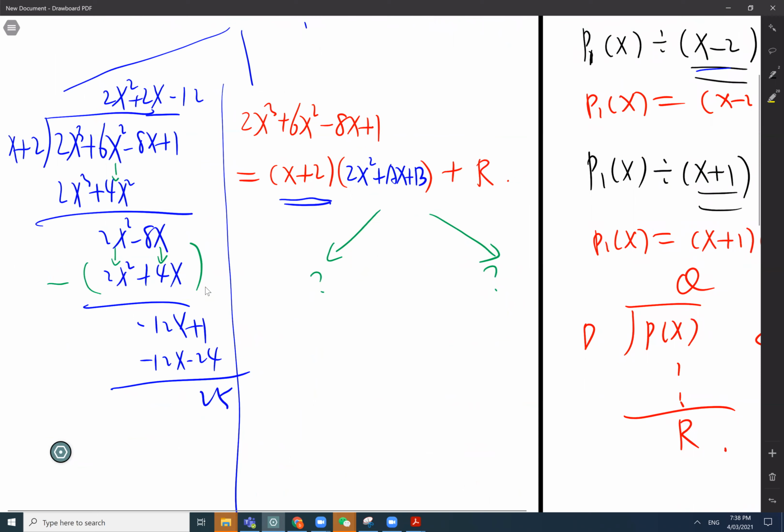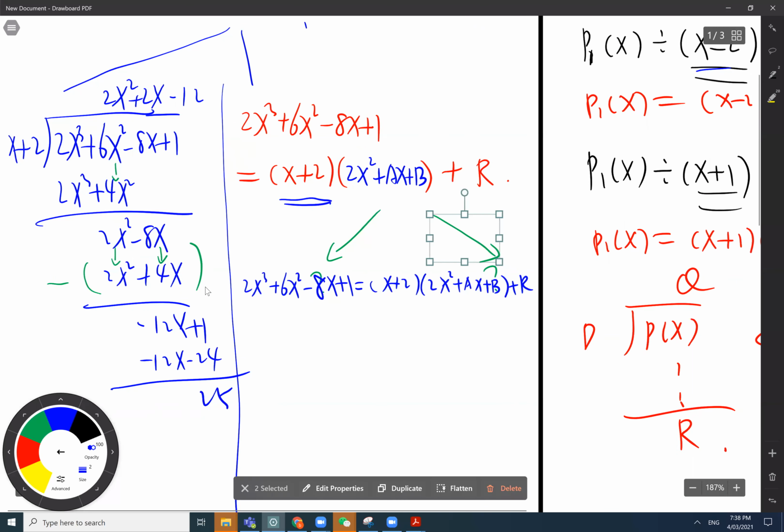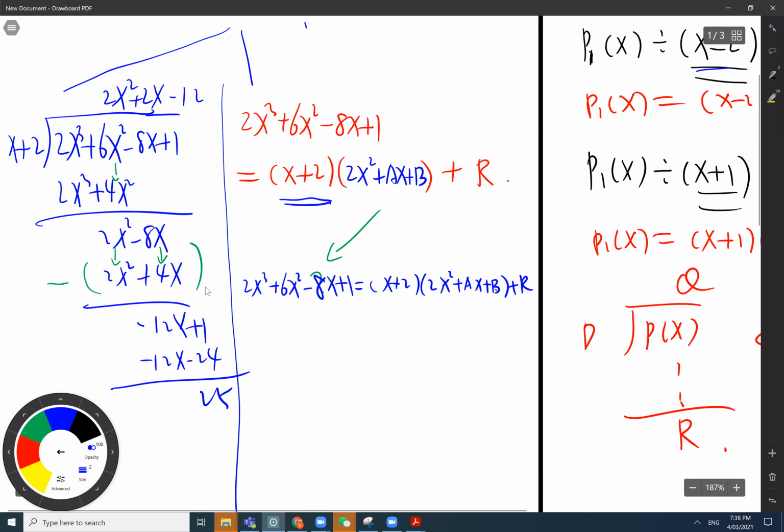One method, just expand it. We know this method is not efficient, but we still need to practice. Guys, expand it. 2x cubed, ax squared, bx, 4x squared, 2ax, 2b.